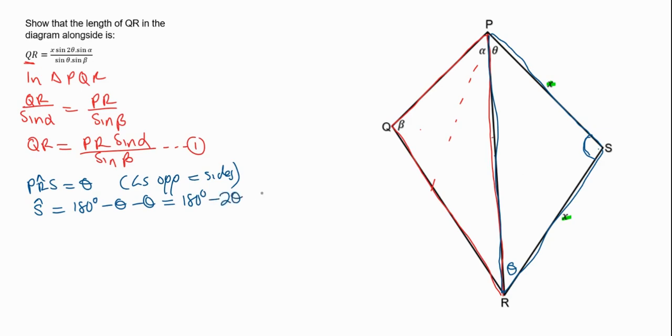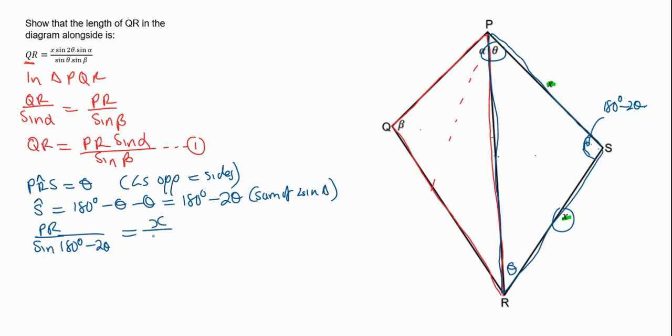Right, what's the reason? Sum of angles in a triangle. You can say PR over sine of 180 degrees minus 2 theta is equal to, we have this side and this angle here, x over sine theta.